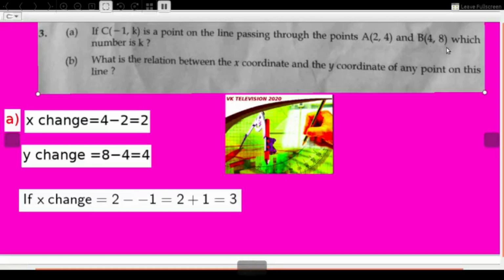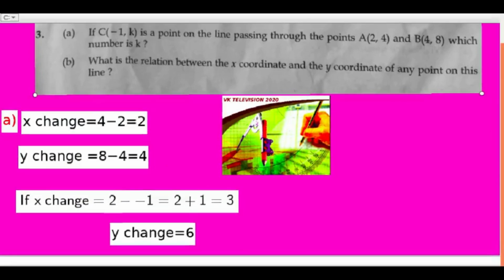Now these 3 points, C of minus 1, k, 2, 4 and 4, 8 lie on the same line. So x difference and y difference are proportional. If x change is 2, then y change is equal to 4. Here x change is 3, so y change is double, that is y change is equal to 6.